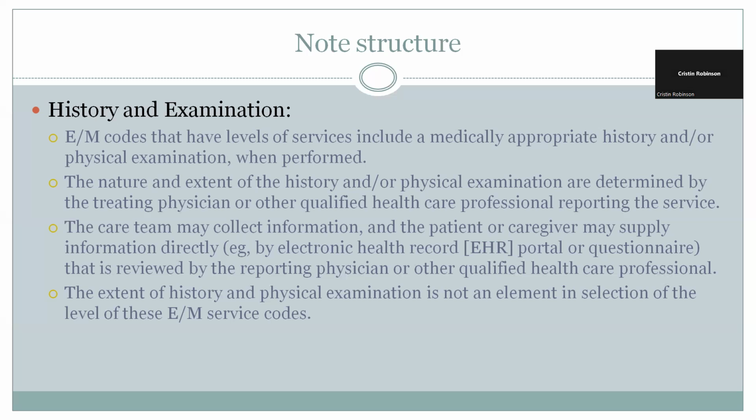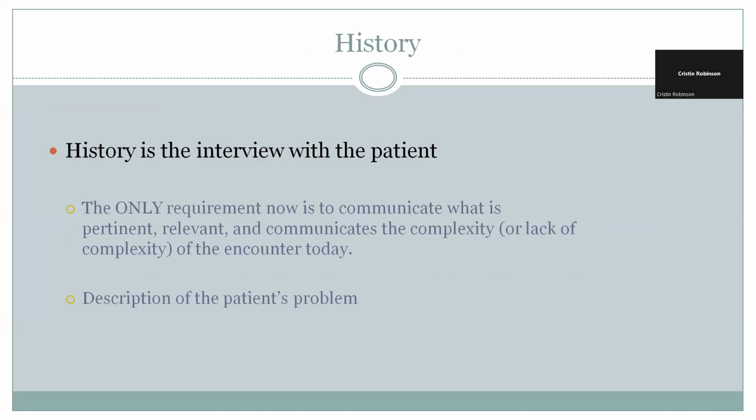The care team may collect information, and the patient or caregiver may supply information directly, for instance, by the electronic health record or EHR portal or questionnaire that is reviewed by the reporting physician or other qualified healthcare professional. The extent of the history and physical examination is not an element in the section of the level of these evaluation and management service codes. You'll hear me reference evaluation and management as E&M throughout the presentation, just as a heads up.